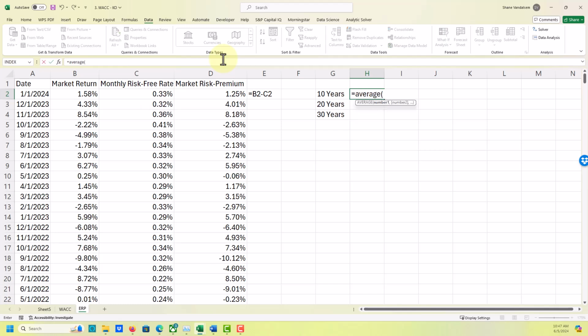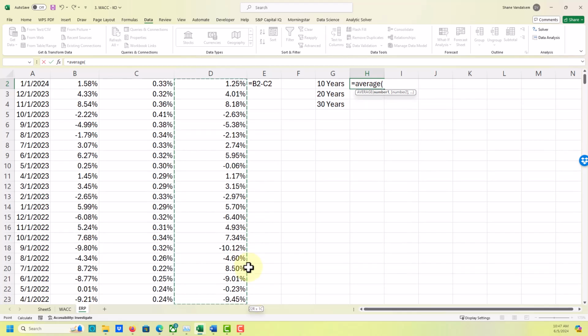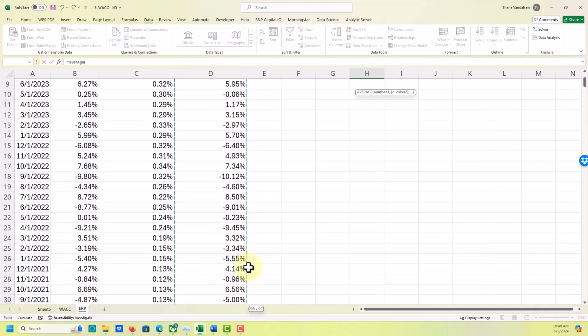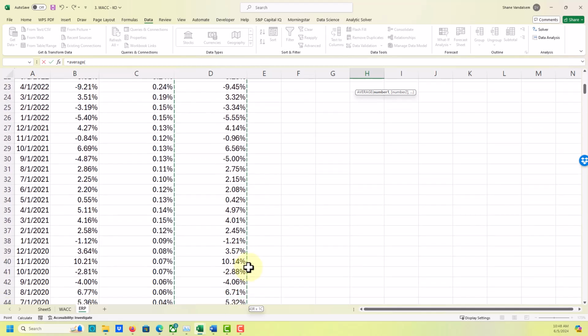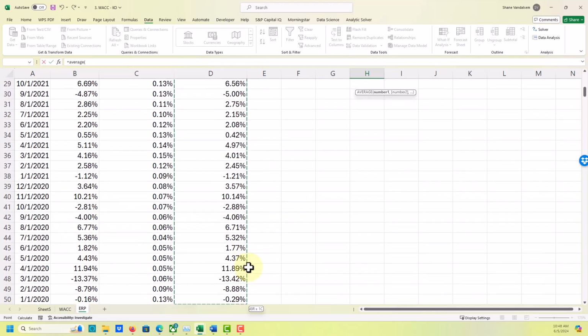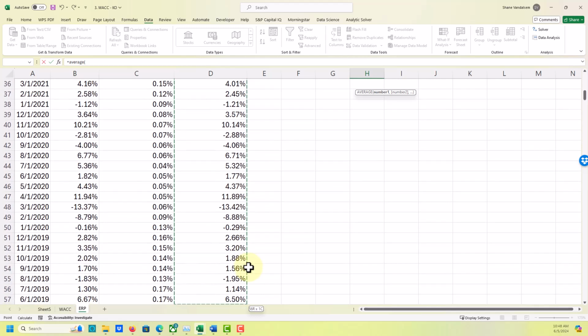So I'm going to start here by taking the average market risk premium for the last 10 years, as of the end of 2024. So you see there it says row 13, row 14, row 15. We're going to go to 120 rows, and that's going to be 10 years. And then we're going to go to 240 rows, and then we're going to take 360 rows for a total of 30 years.